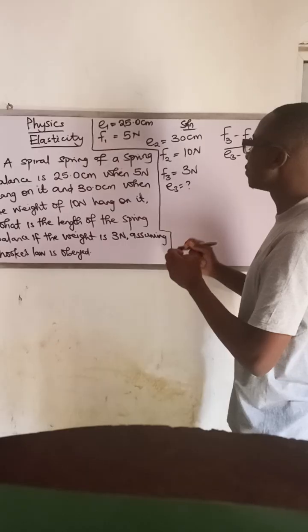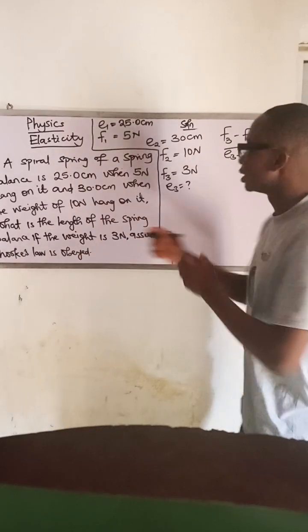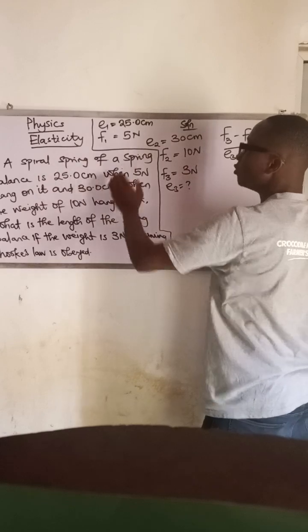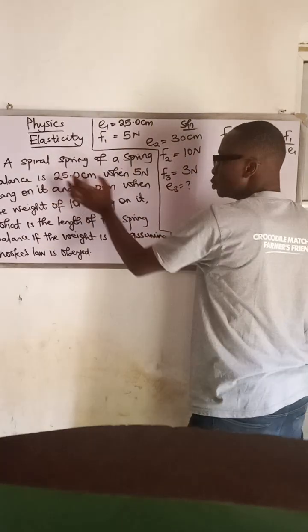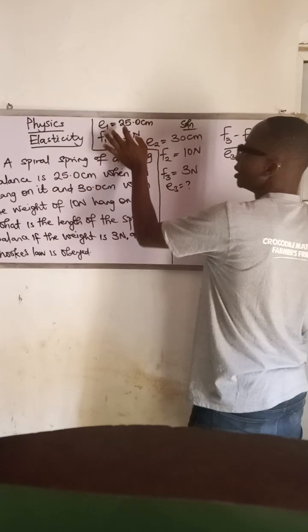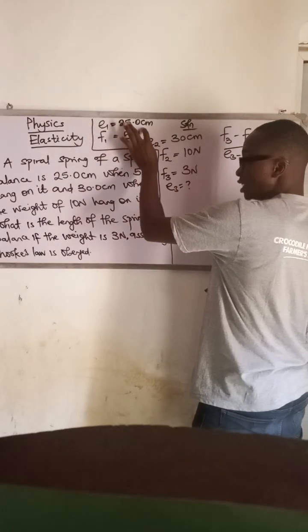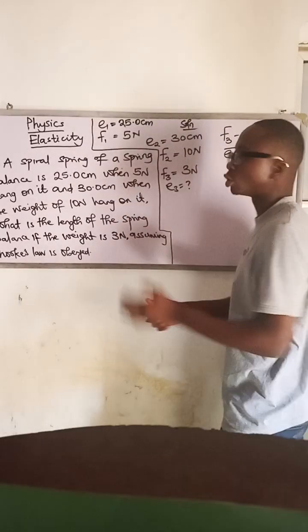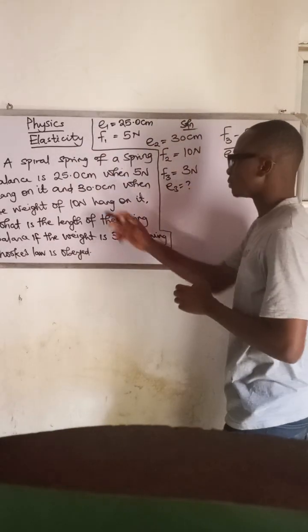In this question, we're given 3 forces. They say a spiral spring of a spring balance is 25 cm when 5 Newton hang on it, which means this is the extension 1, which is E1, 25 cm, when 5 Newton hang on it, which is the first force, F1, 5 Newton.